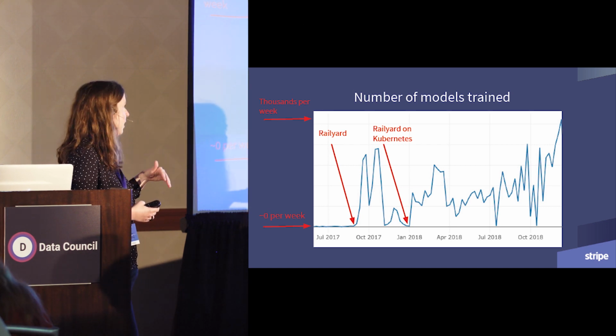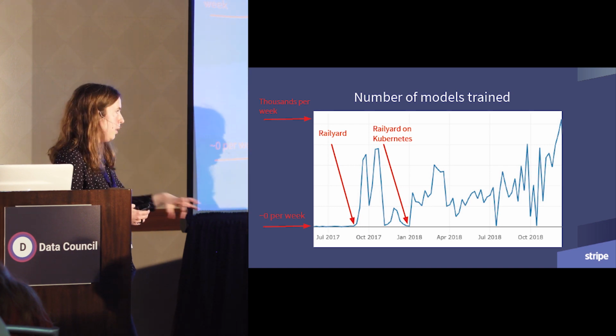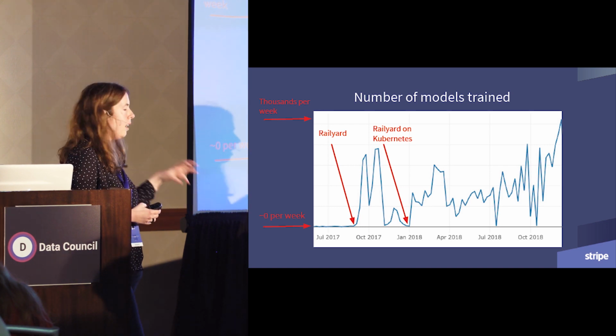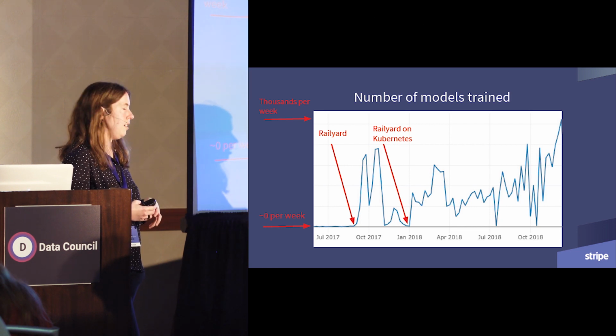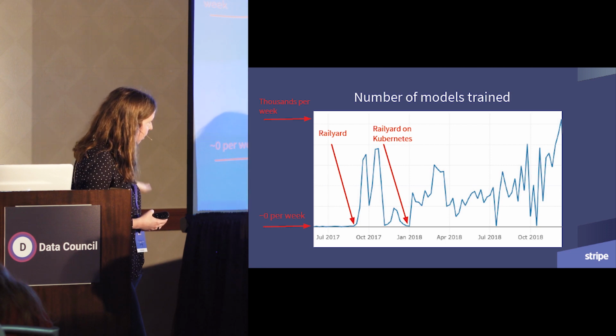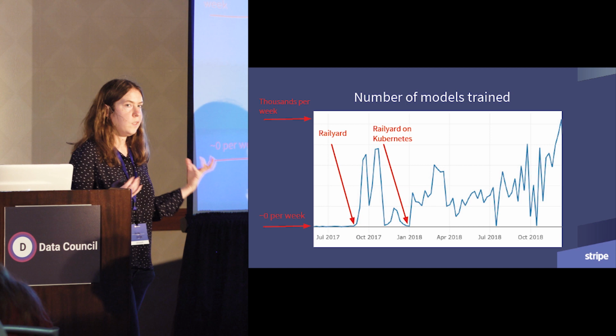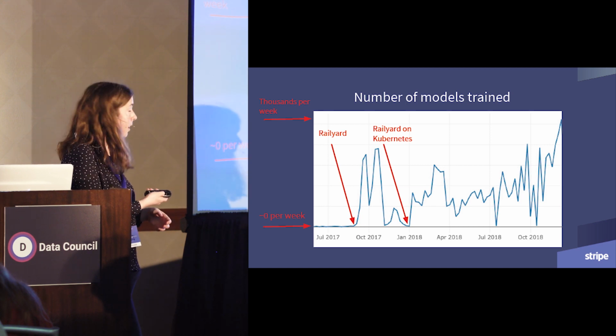But it's kind of buggy and maybe driven by mostly one or two applications. And then as we got rid of people having to worry about the resource management and which box their thing was running on or what instance type it needed, that's really helped us scale up and have things go up and to the right in terms of the development that people are doing and how that's going.